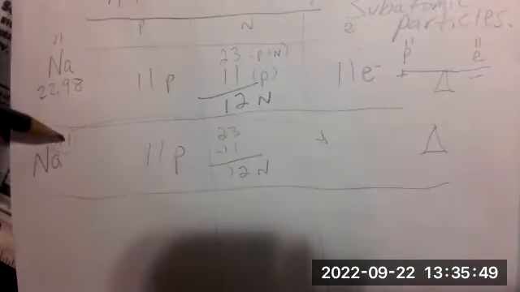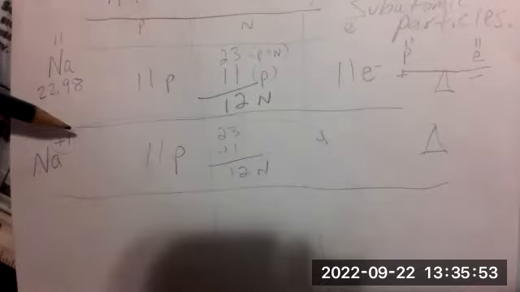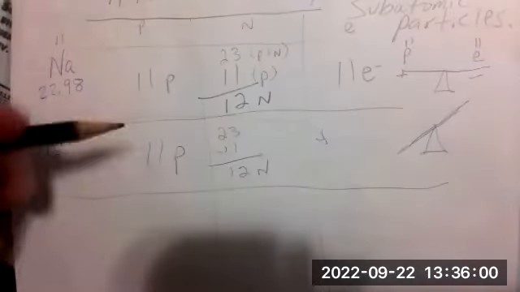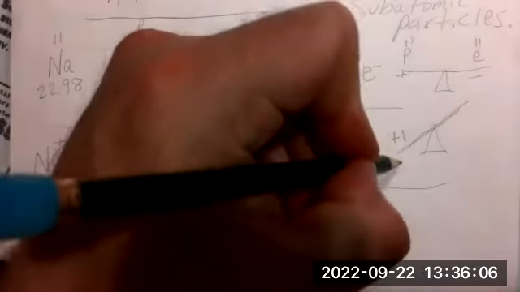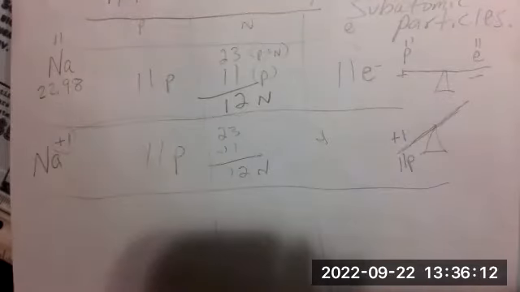But now think about this seesaw. The seesaw is weighted more toward the positive side. So think about when one side or one person on a seesaw is heavier than the other. In this case, it's a plus. So we have a +1 here. We still have 11 protons. Let's write that down. But there's a +1, meaning that there's one extra positive charge when compared to the negative charges.